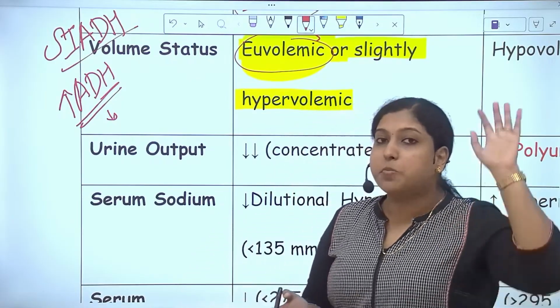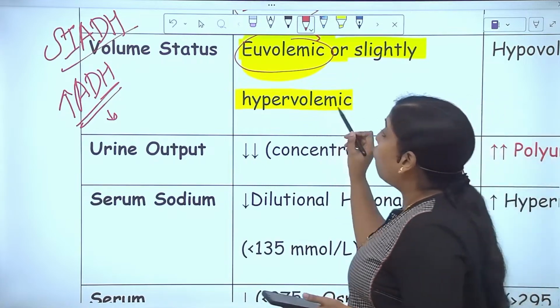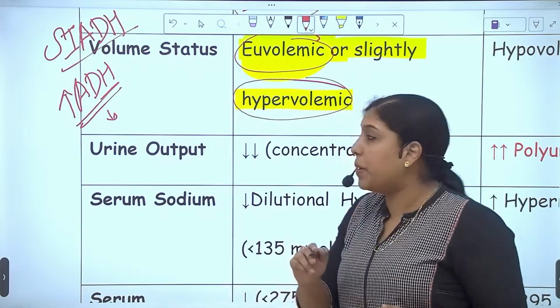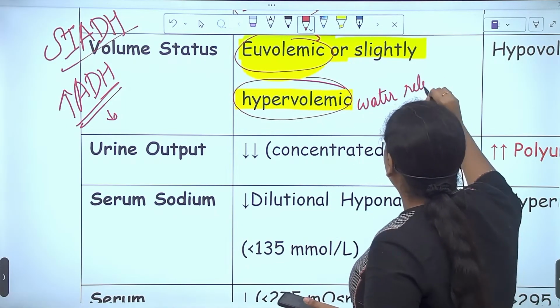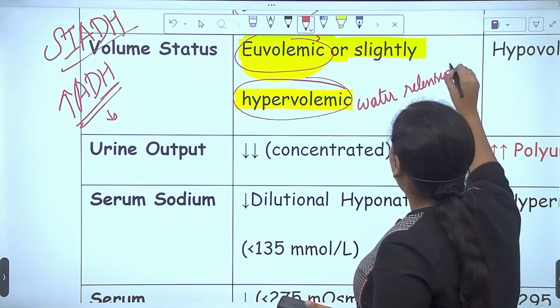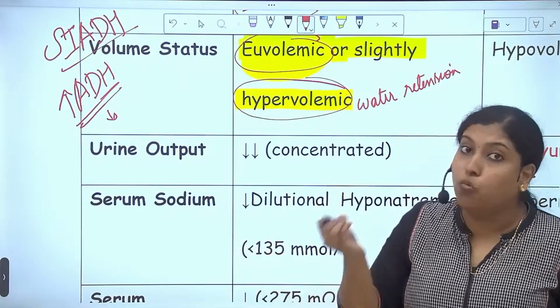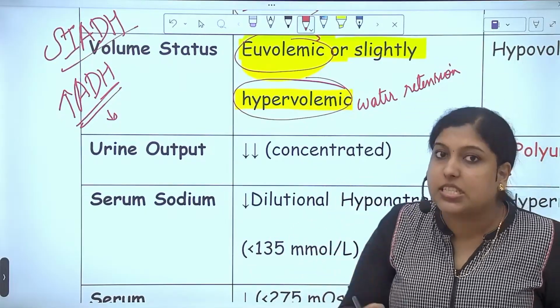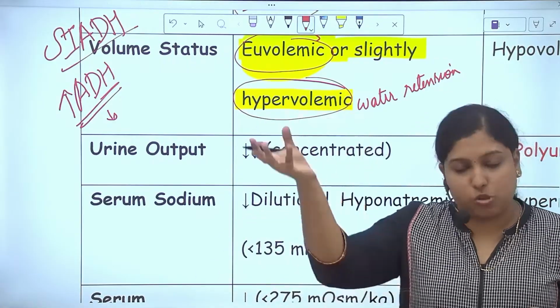But when the condition proceeds further, it may worsen, and the patient may go into slight hypervolemia because of water retention due to this particular hormone. So the patient will project slight hypervolemia and euvolemia, meaning excess volume without actual symptoms.